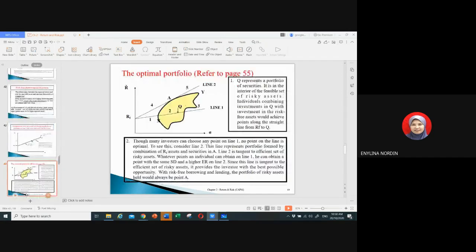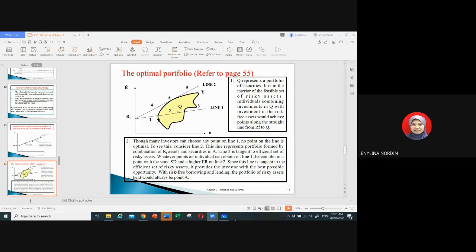If the risky asset is combined with the risk-free asset, there will be this diagram to determine the optimal portfolio. That means a straight line here, that is the risk-free asset line combined with the risky asset. So therefore, we could actually have many lines.